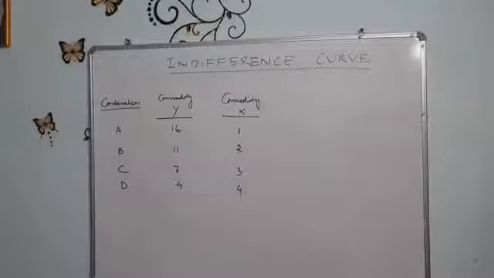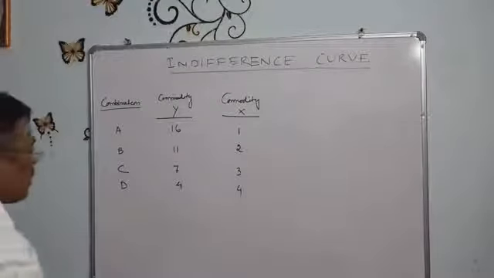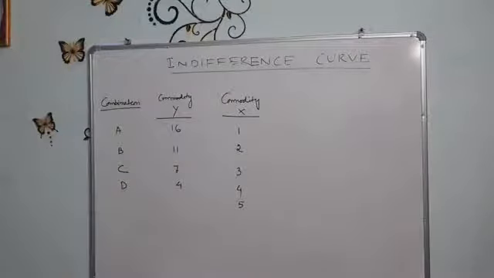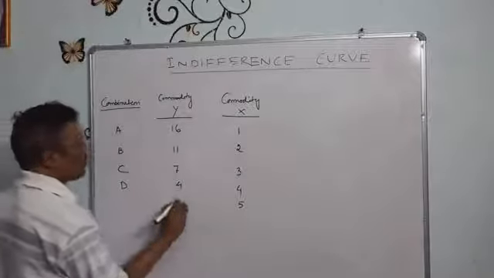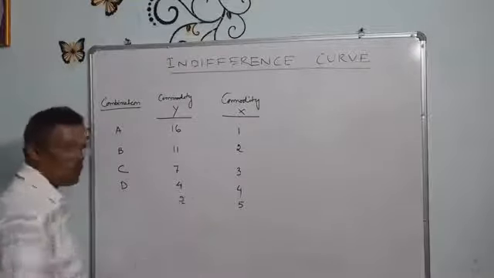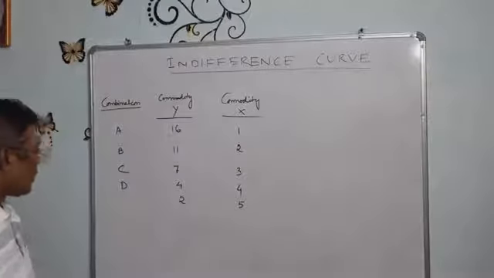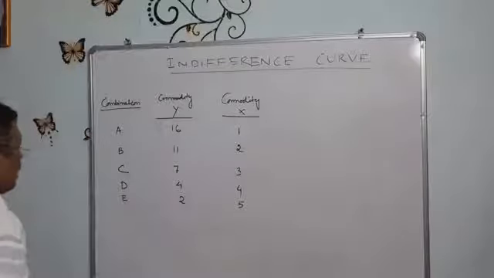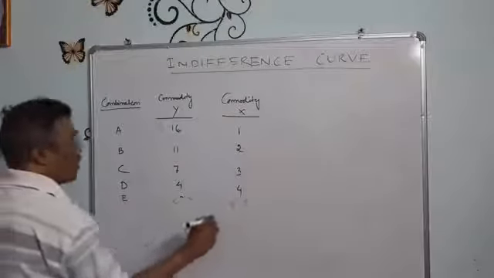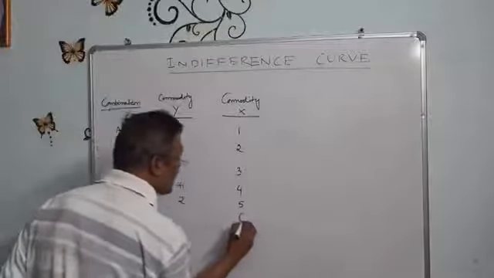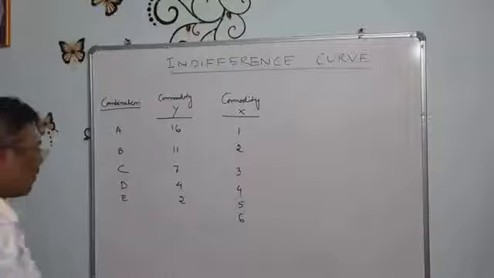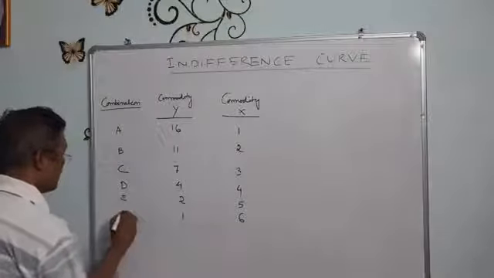Similarly, if we consume the 5th unit of good X, then commodity Y will be 2. This is the E combination. And if we consume the 6th unit of good X, then good Y will be 1. That is the F combination.